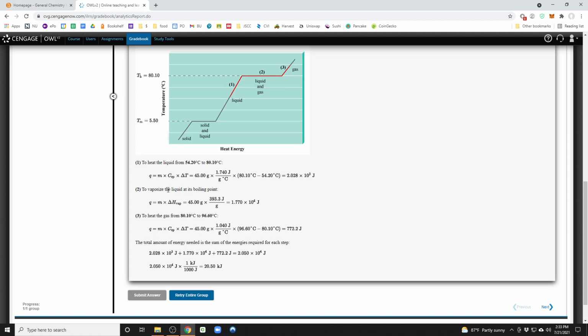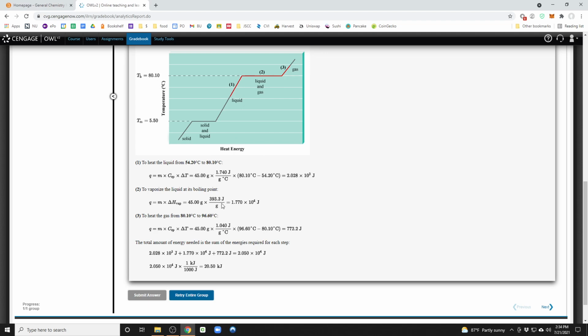Okay, so the next step is going to be the vaporization step. And I'm going to use the heat of vaporization, delta H of vaporization, times my mass. Again, you can use the formula, or remember Q is heat. That right there is the heat energy down here. That's an energy, it's in joules.